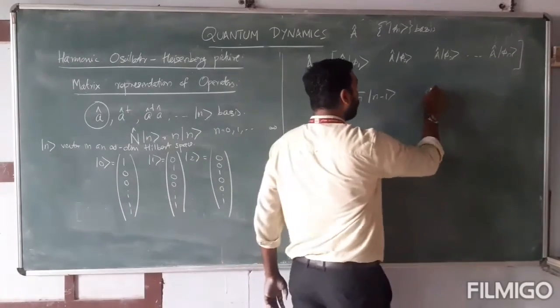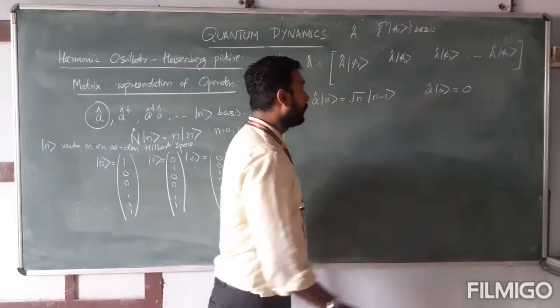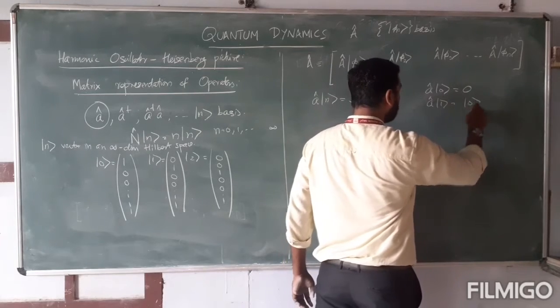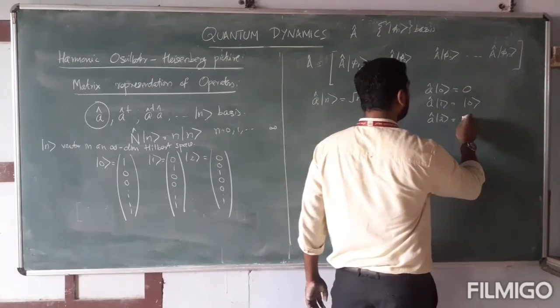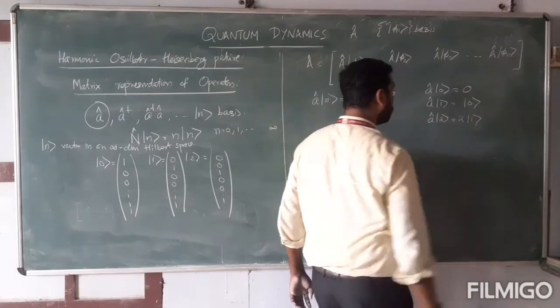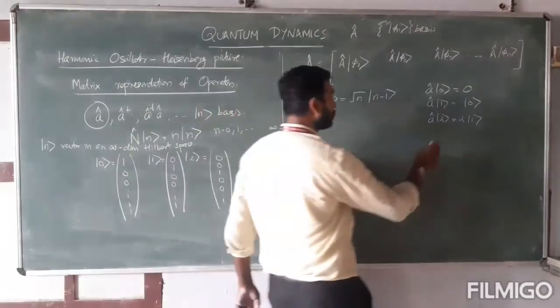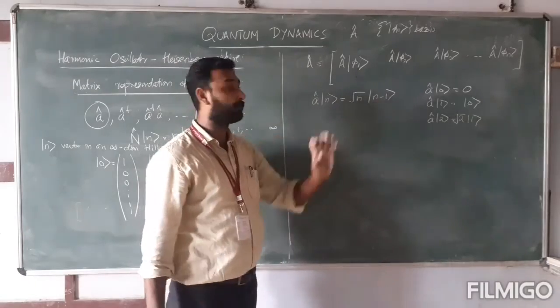So therefore A acting on ket 0 is simply 0, and A acting on ket 1 is ket 0, A acting on ket 2 is root 2 times ket 1, etc. Because A acting on ket n is root n times ket n minus 1.